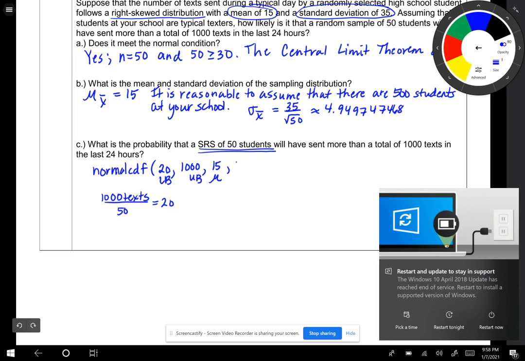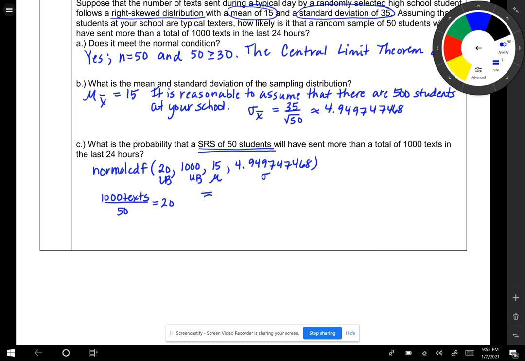And our standard deviation is 4.949747468. And when I use my second vars, I am going to get a probability of 0.1562.